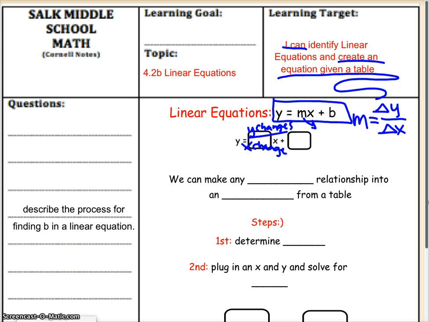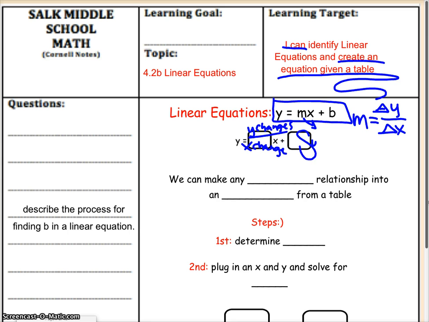Delta is the same as change. Think about Delta Airlines. You're changing your location when you're flying on a Delta airplane. But you call it delta y over delta x, which just means change in y over change in x. That's all it is.